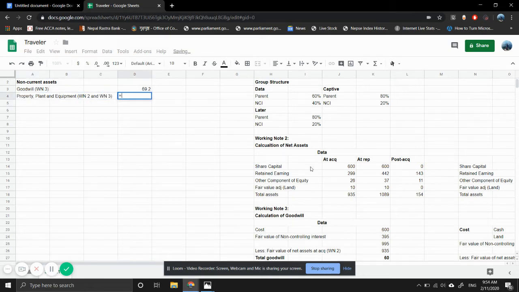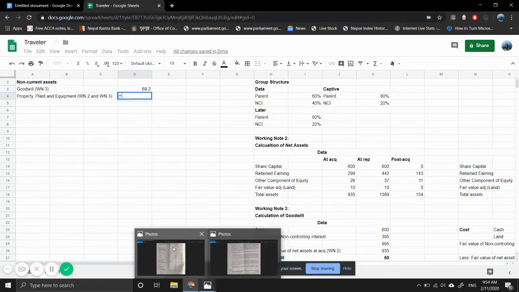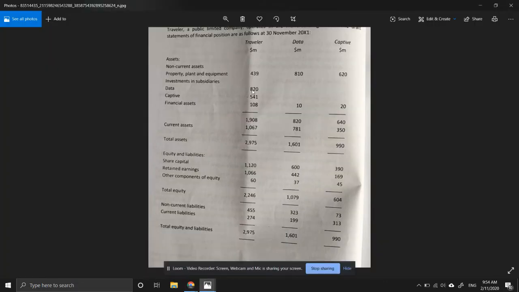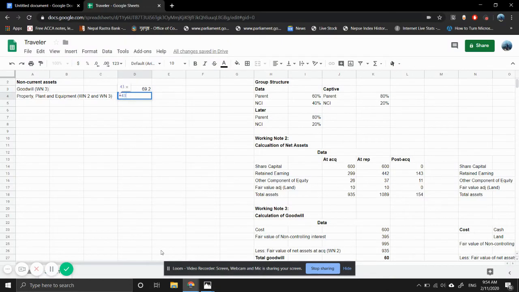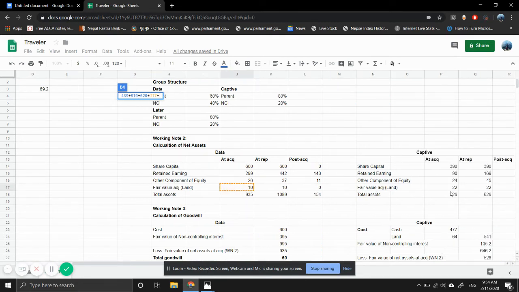Let's put in the figures from here first: 439 plus 810 plus 620. Plus there have been a few revaluations as well, in this case this figure, and in that case this figure.